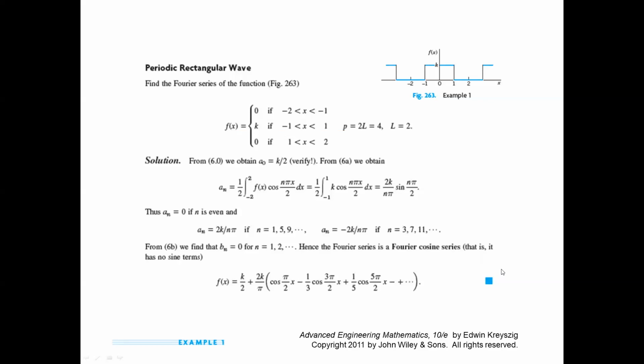Then we can tell for this result, An can have different signs depending on the value of n. So we have to discuss the result in 2 different parts. And B naught is 0, as we discussed earlier, because this is an even function. Then we represent the given function in this Fourier series representation.